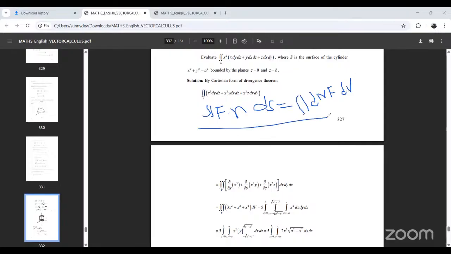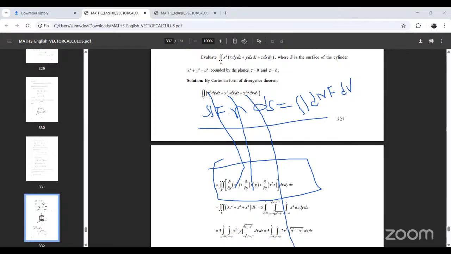The divergence of F means del by del x of F1, del by del y of F2, and del by del z of F3.